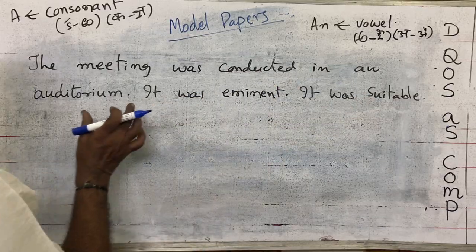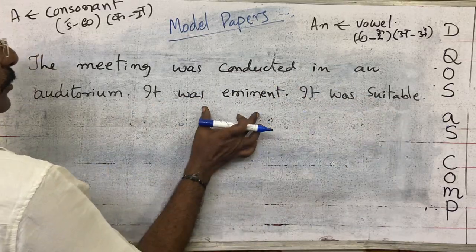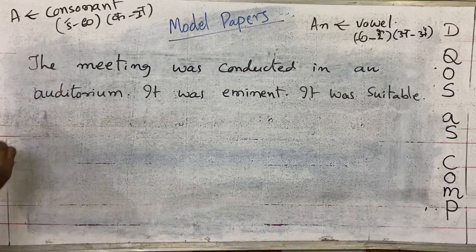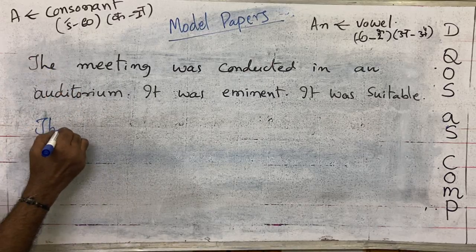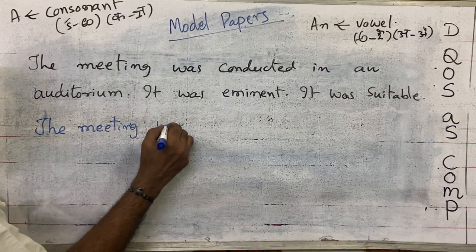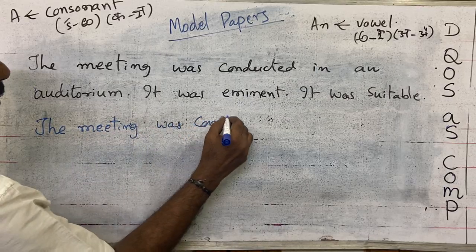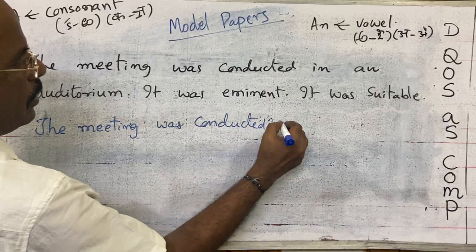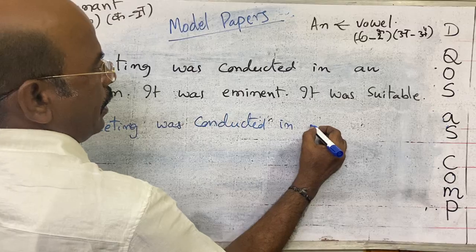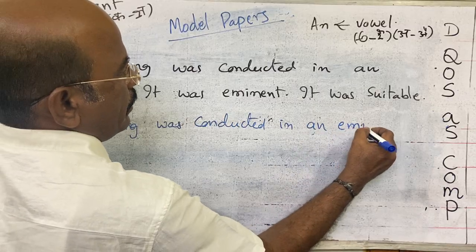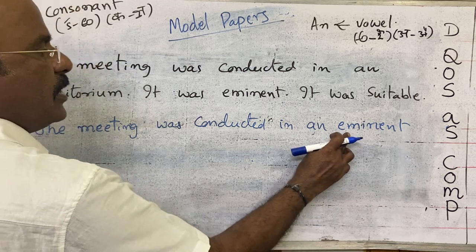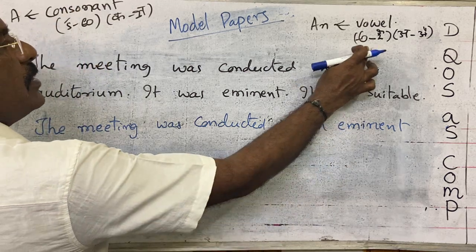How is this? Eminent and suitable. The meeting was conducted in an eminent, because this is the sound of the A, before the A sound an comes.